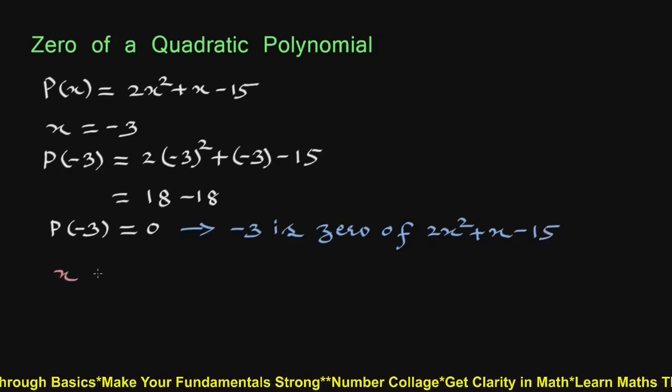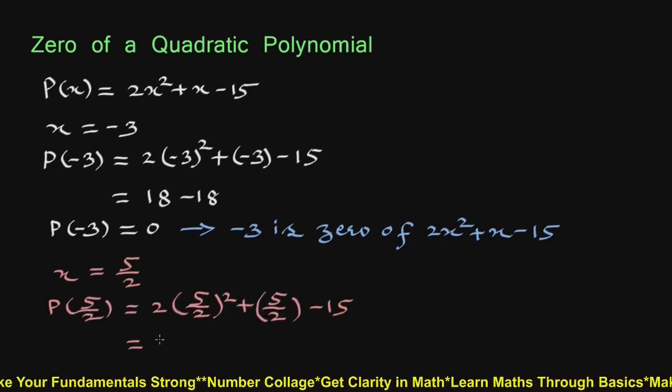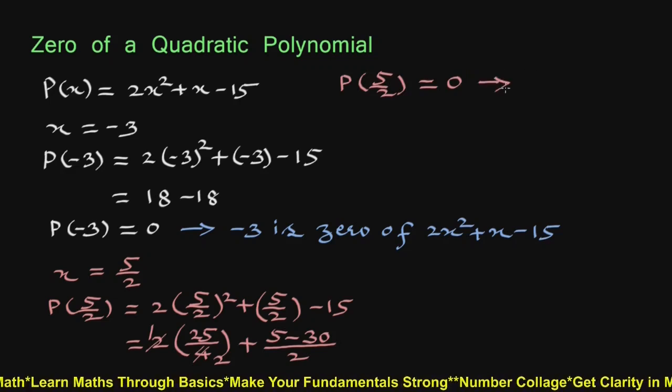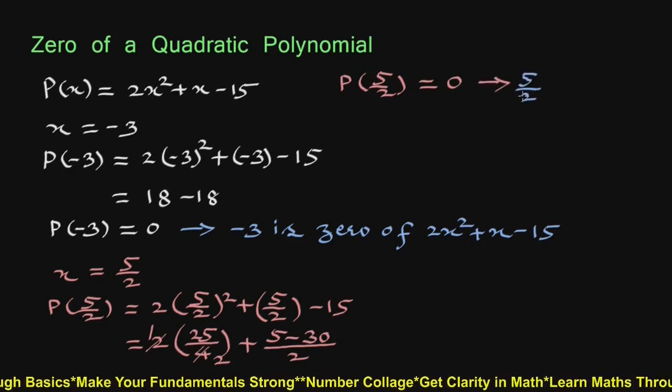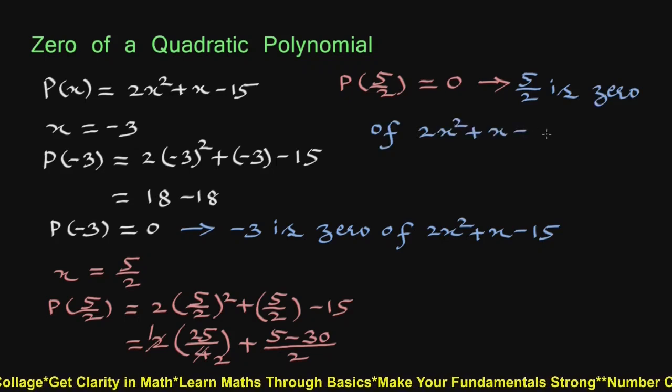Similarly, when x is 5/2, p(5/2) is 0, which implies 5/2 is a zero of 2x² + x − 15.